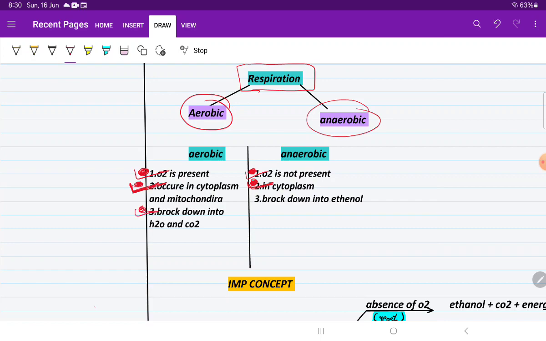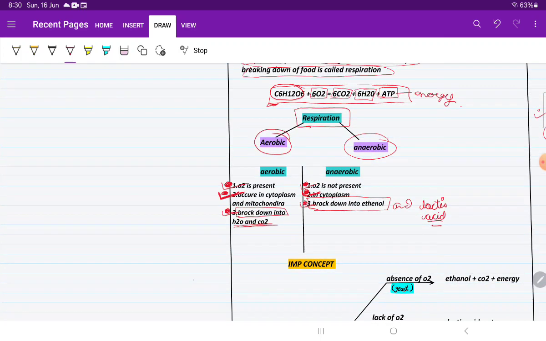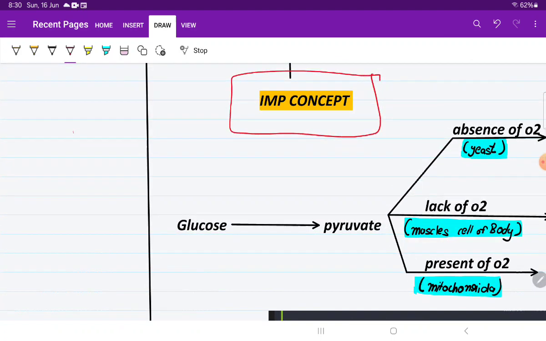Okay, broken down into H2O and CO2, and broken down into the ethanol and lactic acid. Breakdown of ethanol and lactic acid, I have not written. Okay, now let's see the important concept. There is a mitochondria.